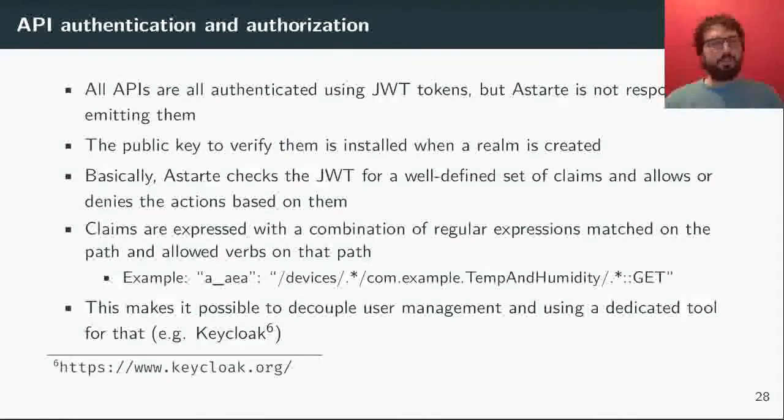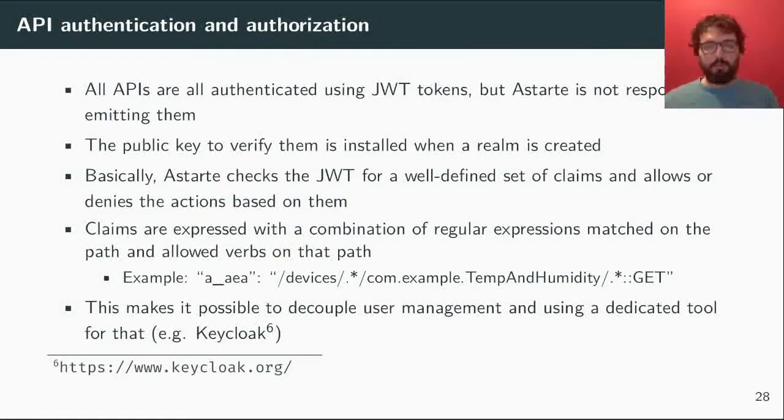So how is all this authenticated? All APIs are authenticated using JSON Web Tokens, but Astarte is not responsible for emitting them. We just define a specific format, and we accept JSON Web Tokens signed with a specific public key. What is that public key?